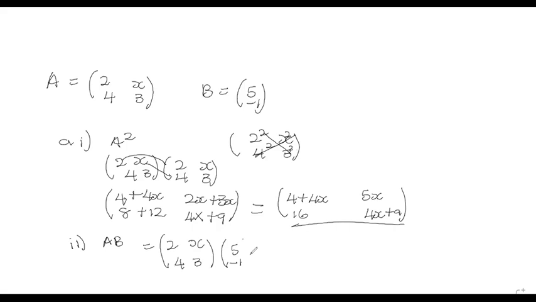What do we have? We have a 2 by 2 matrix multiplied by a 2 by 1. So our answer is going to be a 2 by 1 matrix.